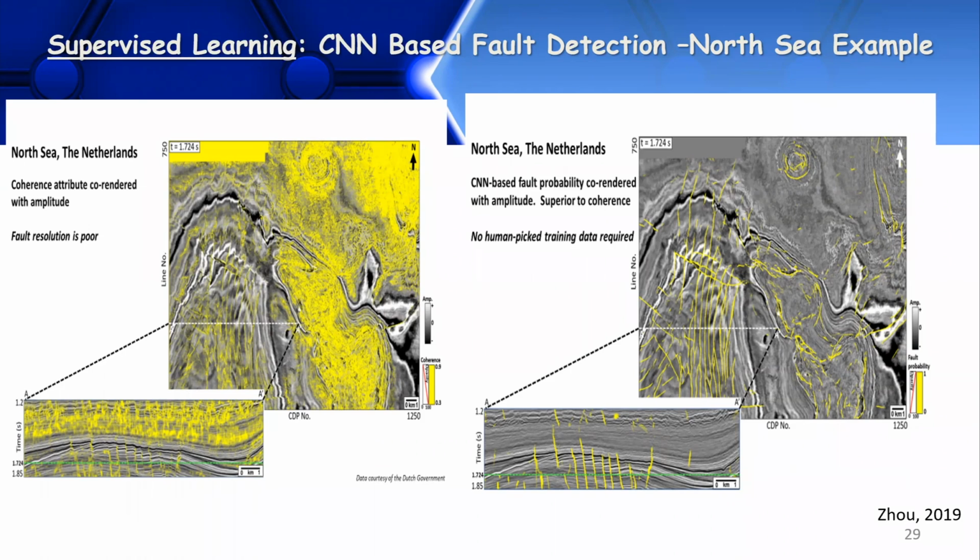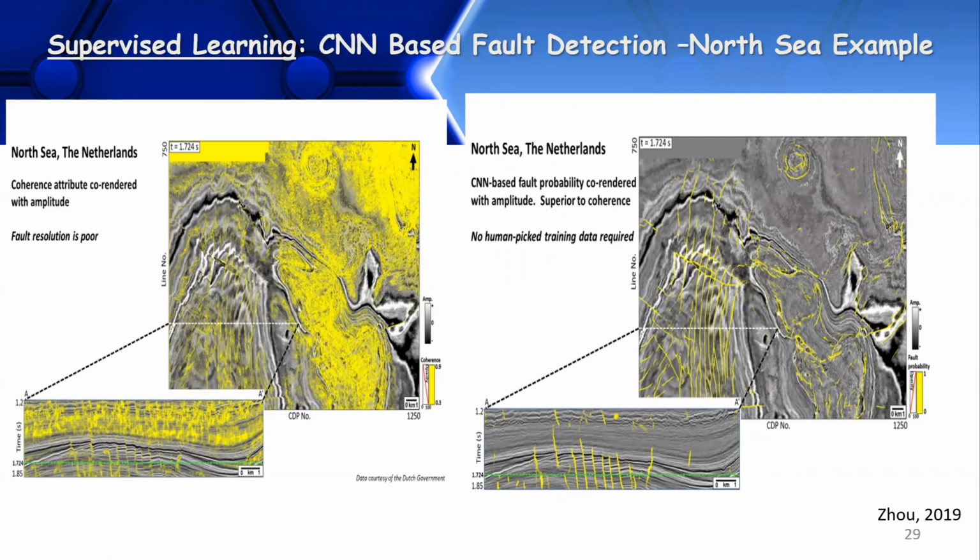And one of the promising developments for fault detection is an efficiency that's been gained by using a synthetic fault engine. So in the example on the left, we've co-rendered amplitude with seismic coherence, which is one of our traditional, very popular ways to extract fault locations from amplitude data.